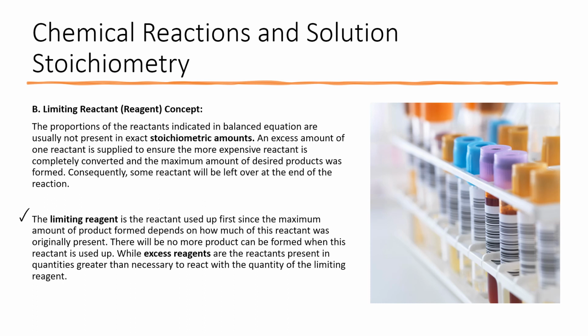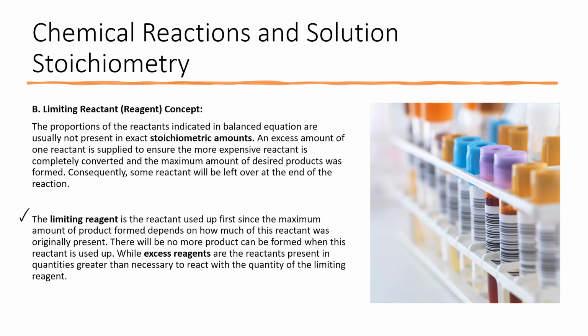So, limiting reagent is the reactant used up first, which the maximum amount of product formed depends on how this reactant was originally present. So there will be no more product that can be formed when this reactant is used up. Okay? While excess reagents are reactants present in quantities greater than necessary to react with the quantity of the limiting reagent.